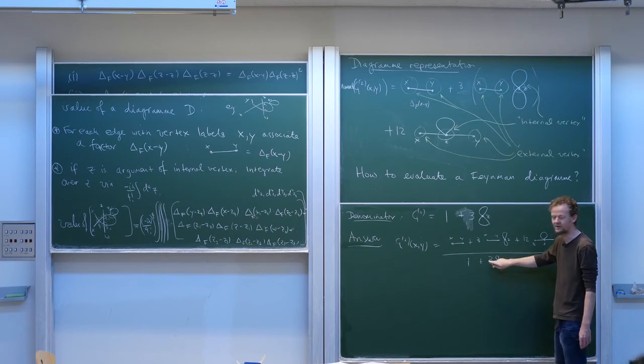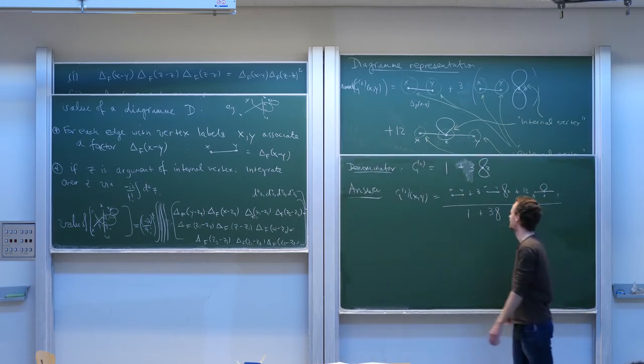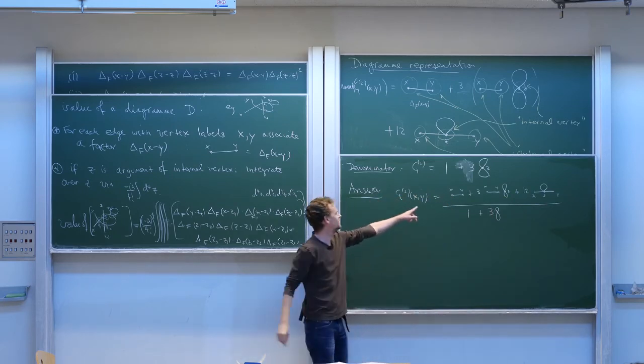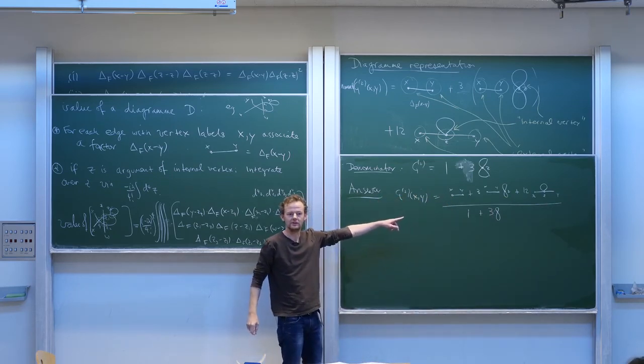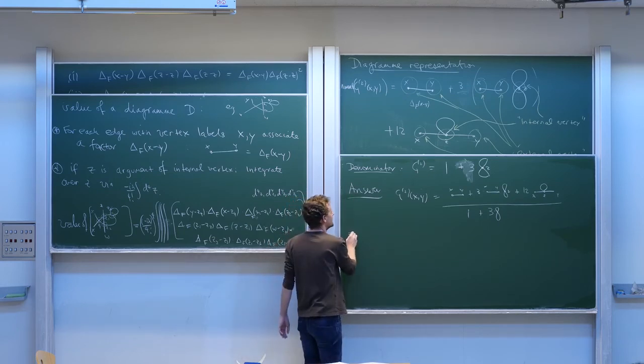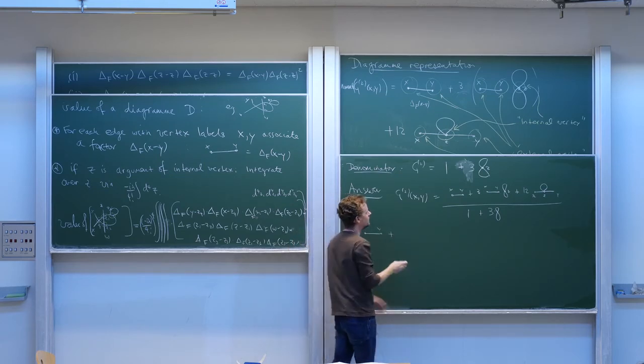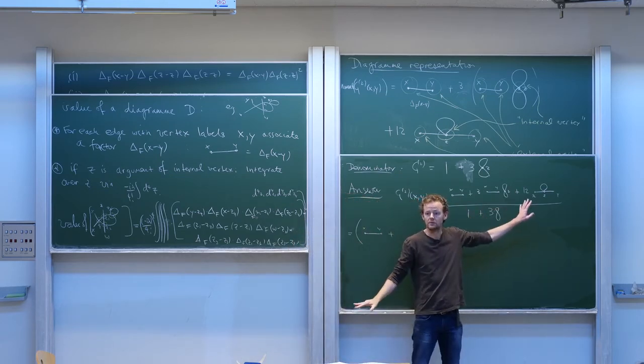Now that's not a Feynman diagram here, it's the number 3. So let's expand this now using our rules. I hope I can do this correctly. Now remember, each diagram is just a number.